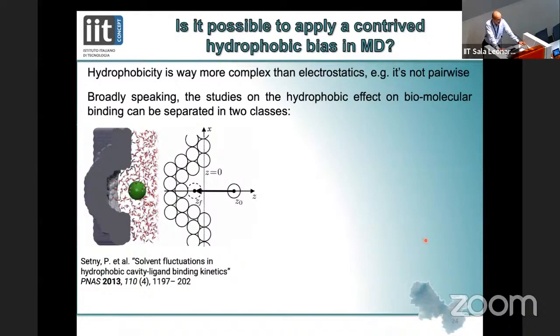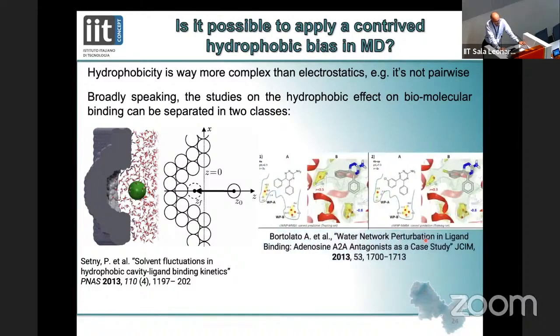There are tons of papers talking about hydrophobicity, and I would broadly classify them in 2 different classes. One is more from the physical point of view, where you have an ideal or reduced system where you can really switch, analogically, the hydrophobicity, and then you study the dynamics and the probability of binding of a spherical ligand, for example.